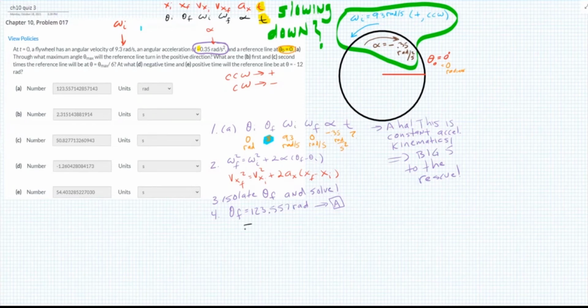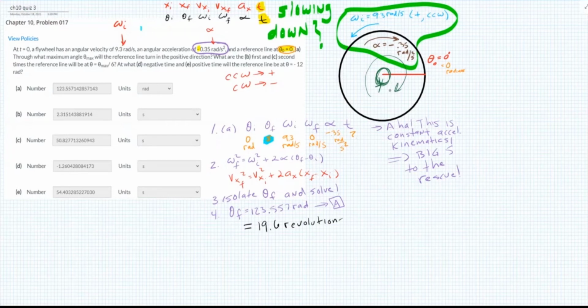So this thing is going to spin about 19 times before it comes to a stop, and then it starts to reverse and go backward the other way.